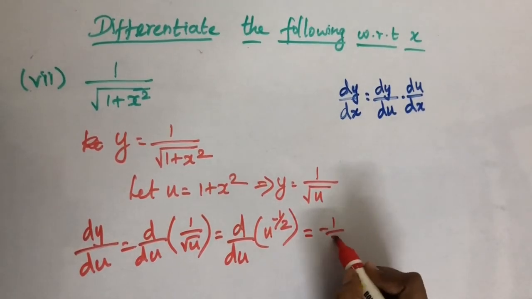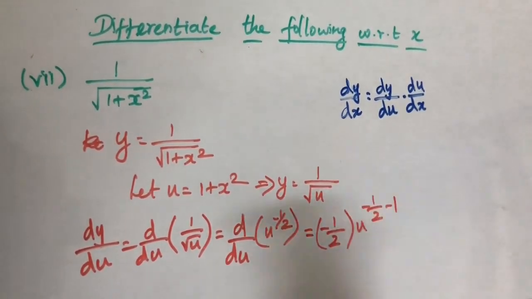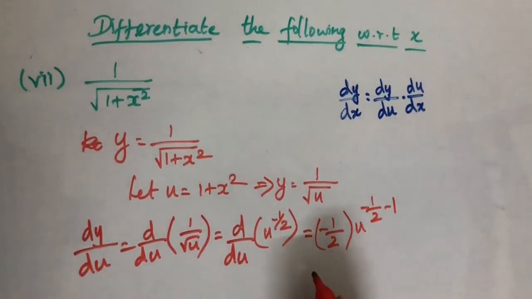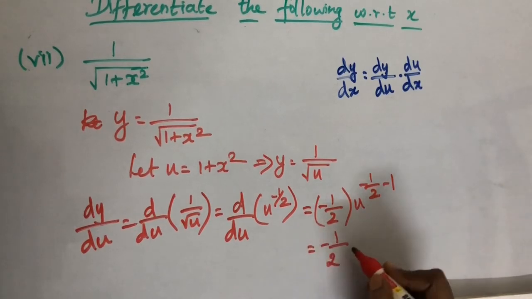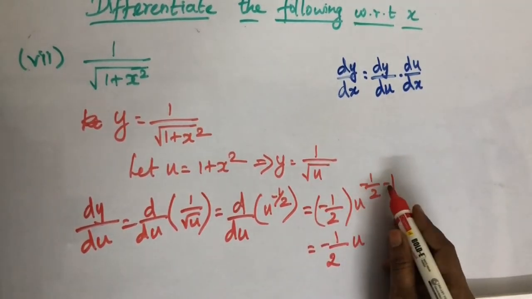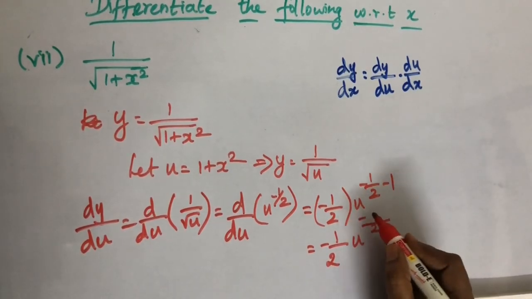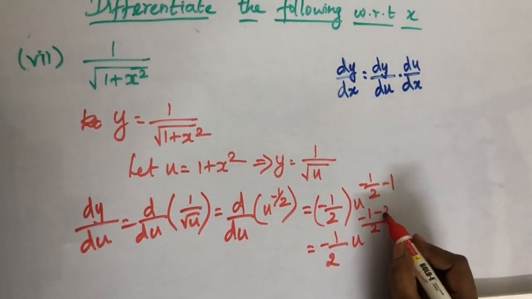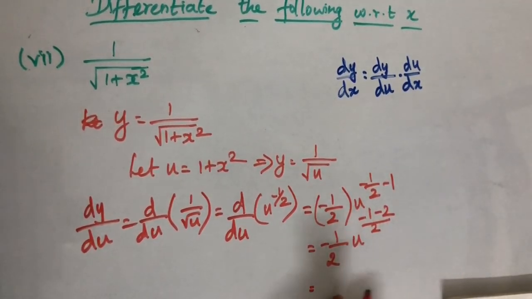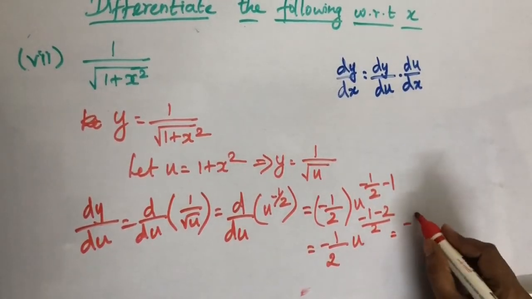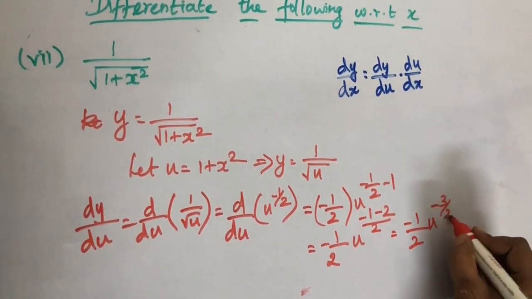So, minus 1 by 2 into u power minus 1 by 2 minus 1. While taking 2 as LCM, it will be minus 1 minus 2. That is equal to minus 1 by 2 u power minus 3 divided by 2.